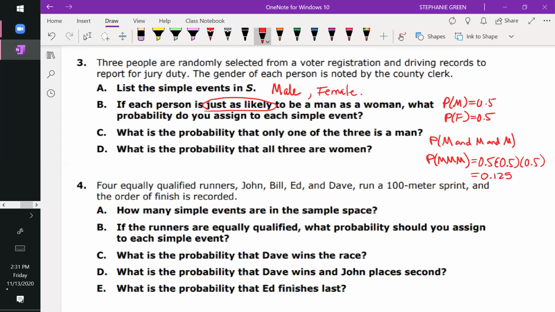So the probability of randomly selecting 3 men, a man and a man and a man again, is 0.125. And we get that by multiplying their individual simple probabilities. And then part D, what's the probability that all 3 are women? Well, the probability to get a man is the same as the probability of a woman. So it'd be the exact same. The probability of getting 3 women is also 0.125.